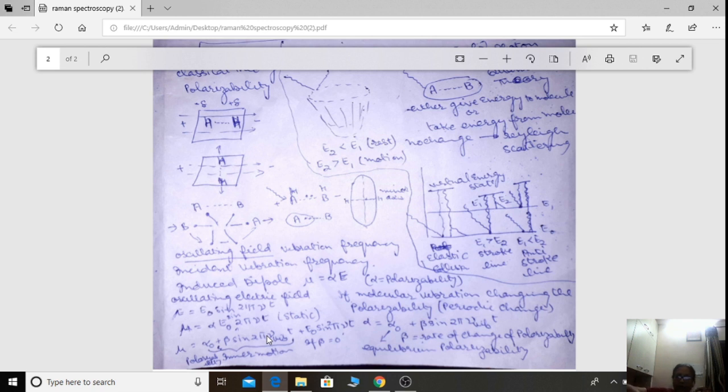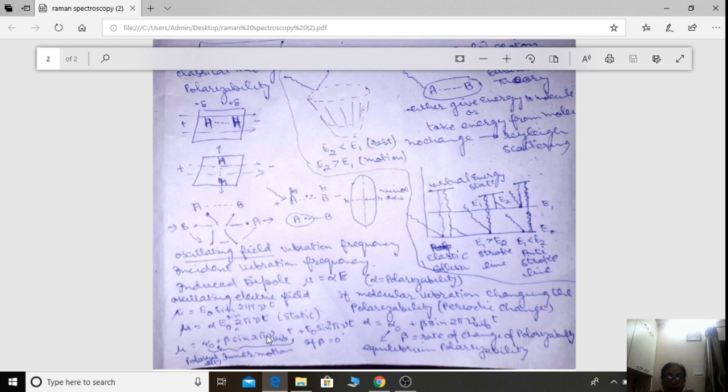If molecular vibration is changing the polarizability periodically, that means it is regularly changing, so the induced polarizability will be alpha naught plus beta sine 2 pi nu vibrational t. Beta is the rate of change of polarizability.